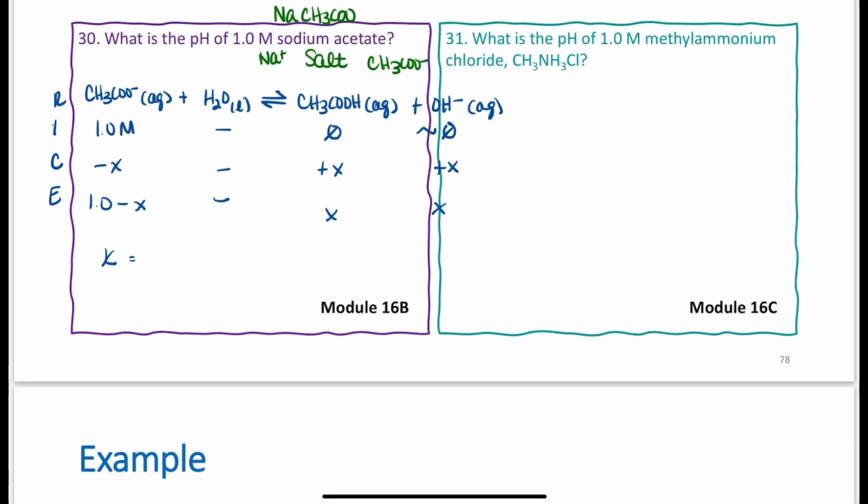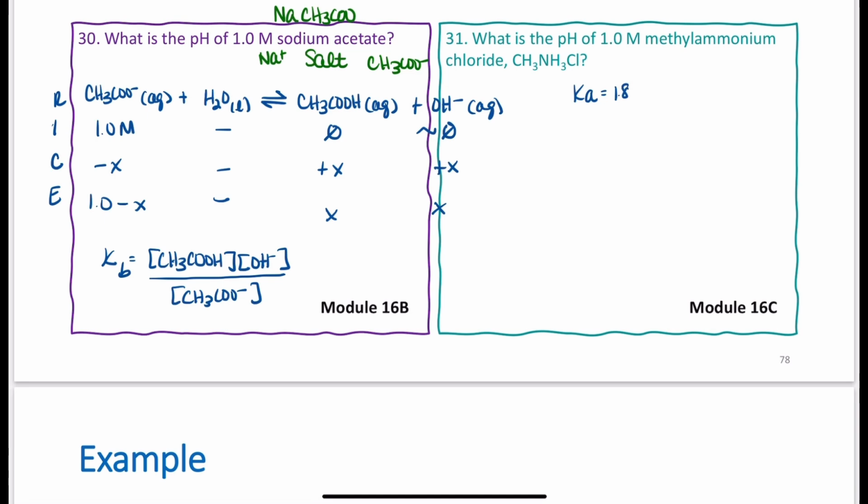Set up my K expression. My K expression has acetic acid times hydroxide over acetate. Because I've got hydroxide, I know I've got Kb. Most likely I only gave you the Ka value for this, because it comes from acetic acid.